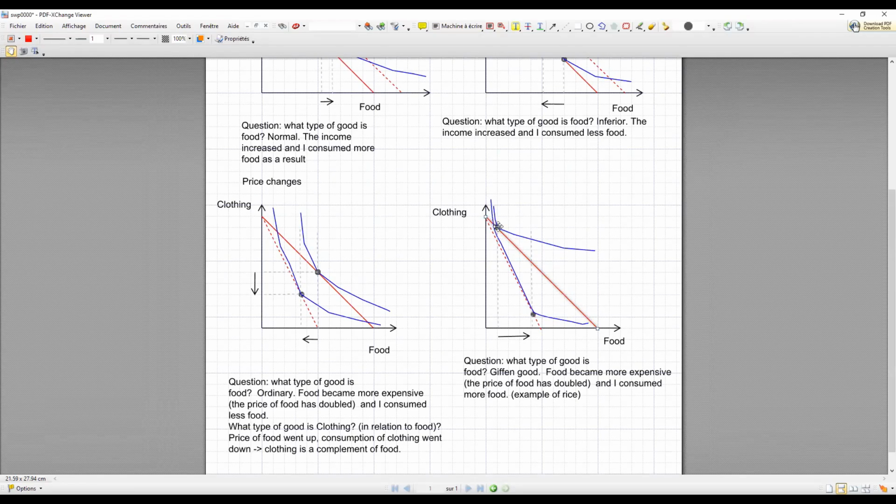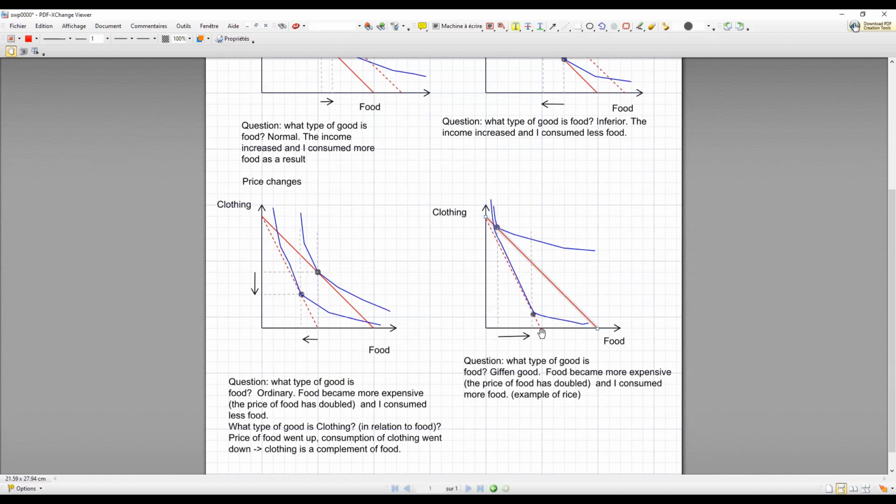I consume this quantity of food there. Now the budget line went from this to this. My budget didn't change, the price of clothing didn't change, but the price of food increased. Because if I spend all my money on clothing, I can buy exactly the same as before. But if I spend all my money on food, then before I could buy 10 units, now I can buy just 5. So the price of food doubled.